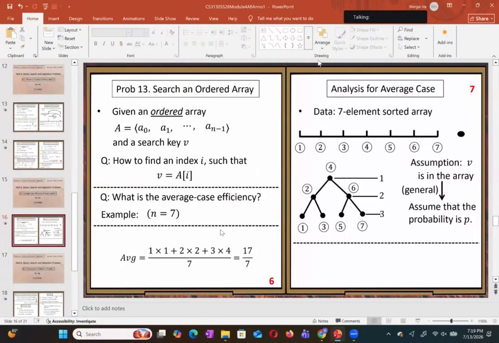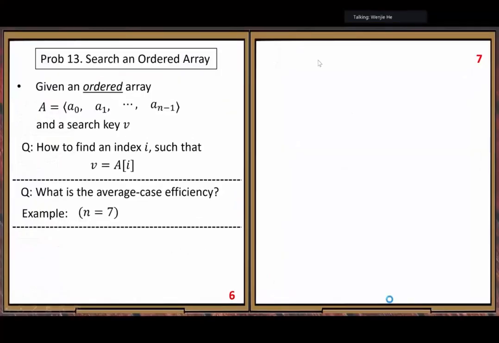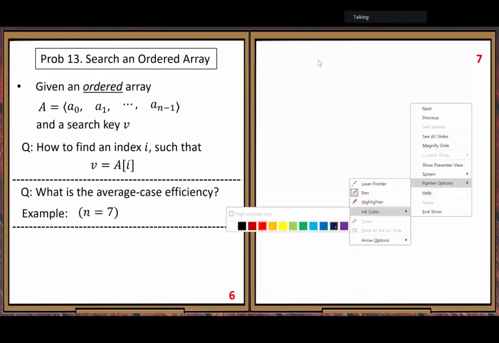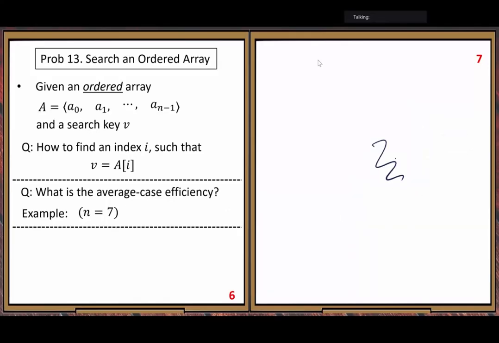All right, now I quit. Start it again, and I change my pen color. Now let's see if it is better.